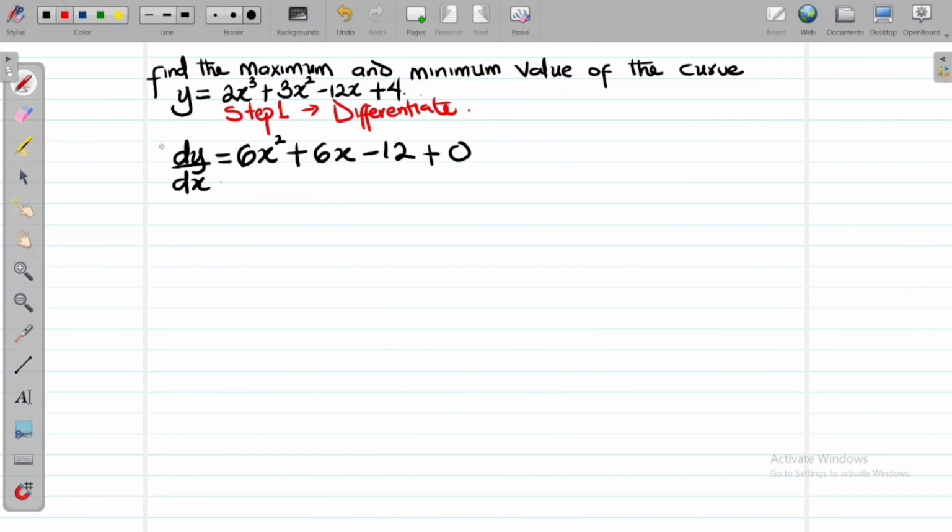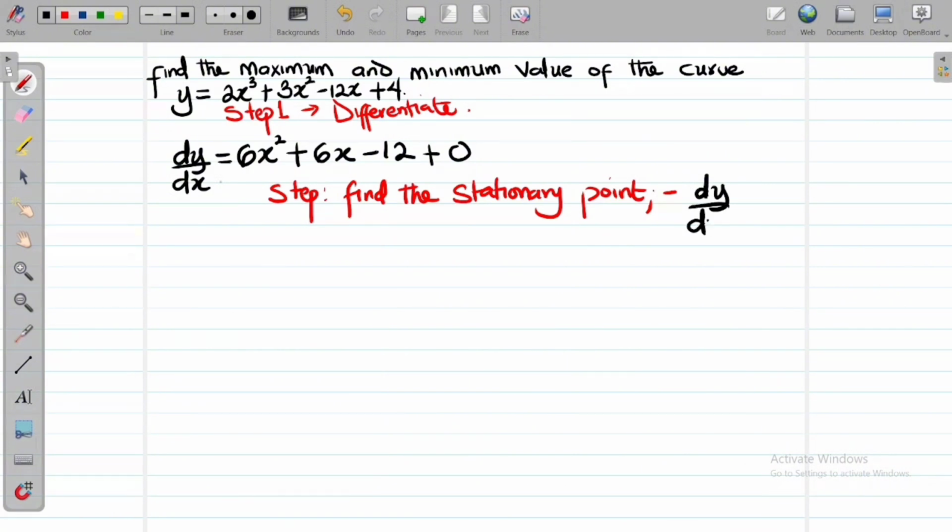So step 2 is that we'll find the stationary point. And at the stationary point, we know that dy/dx is always equal to 0.